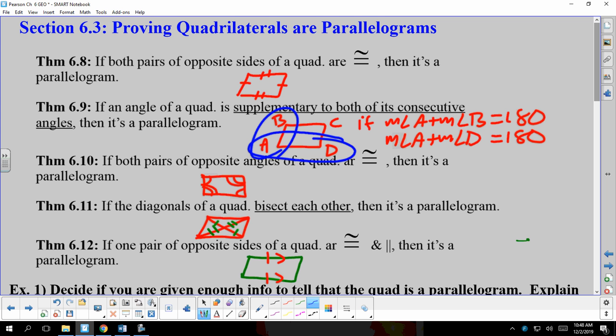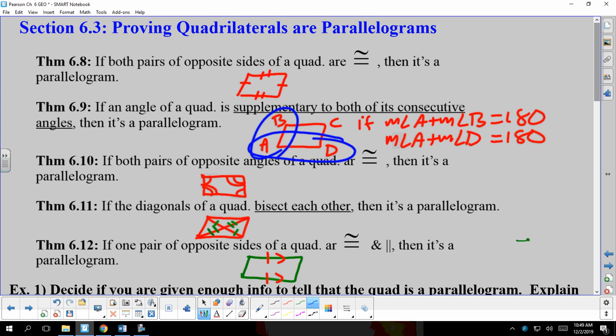Could I use 6.8? Both pairs of opposite sides of the quadrilateral are congruent, then it's a parallelogram. Hey, I could use my distance formula to find the lengths of all the sides, and if opposite sides are congruent, it's a parallelogram. Good, so I could use 6.8. 6.9 and 6.10 deal with angles. Can't do that quite yet, unless it's a rectangle or a square, right? I don't have the skills in my basket of skills that will help me find measures of angles.